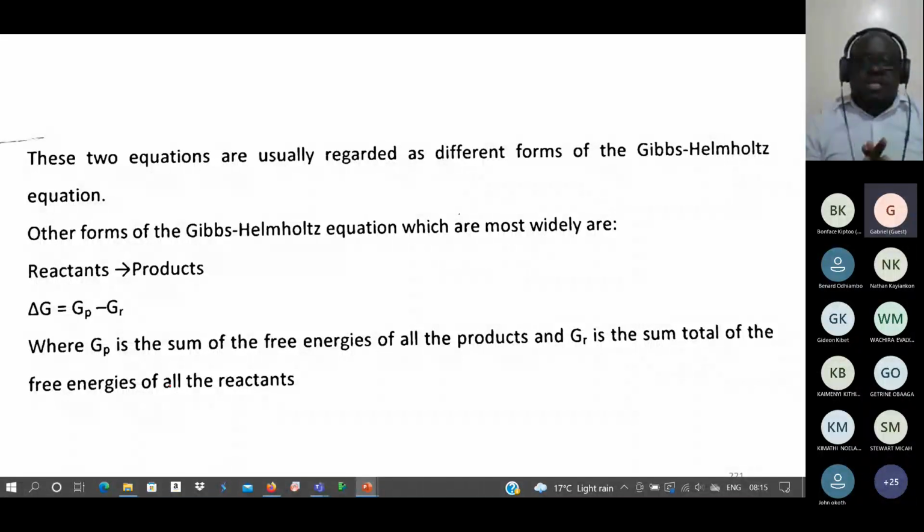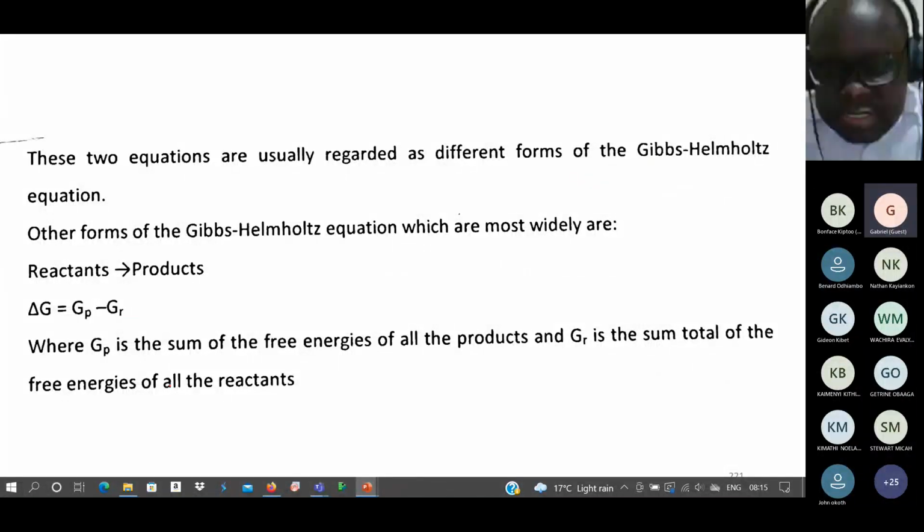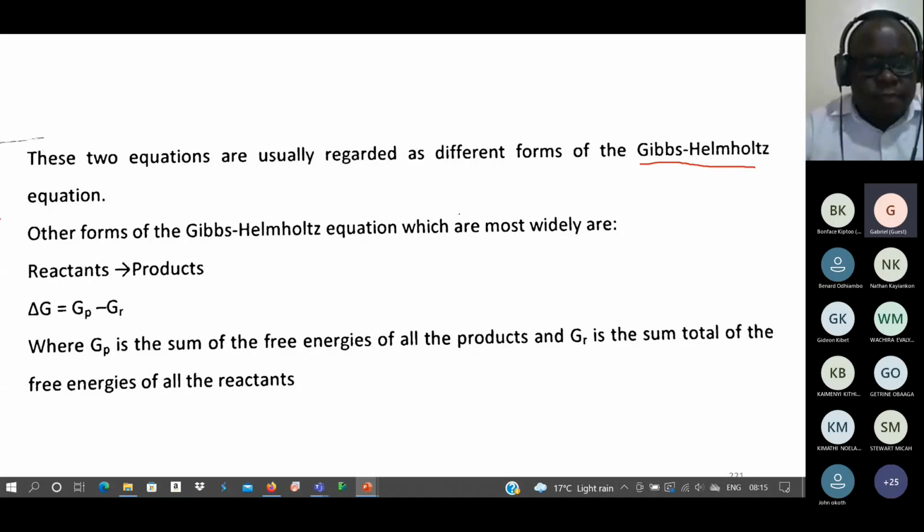Now these two equations are regarded as the Gibbs-Helmholtz equation. Other forms of this equation which are most widely used are the ones you're going to get into. So when you consider this reaction, you're moving from reactants to products.